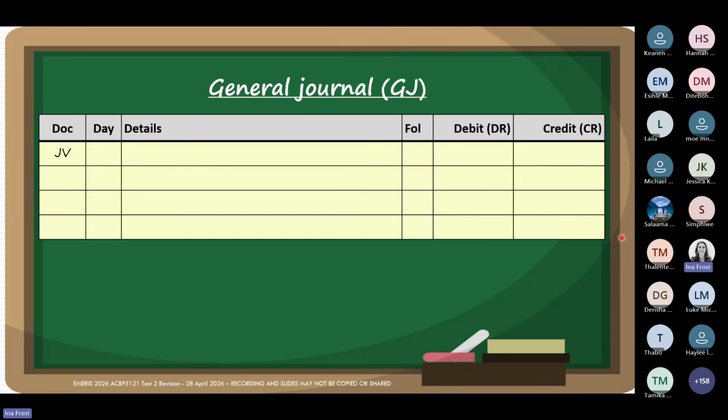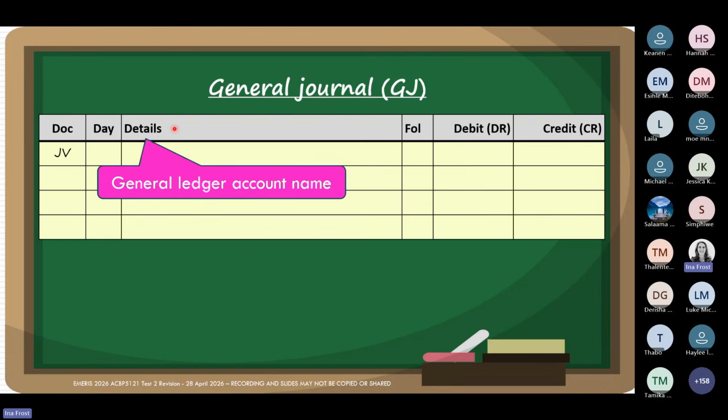On your screen now is a representation of a general journal. We have a column for our documents, and these will typically be journal vouchers, then the day on which we're recording the transaction, and then a column for details. What are we looking for in this details column?